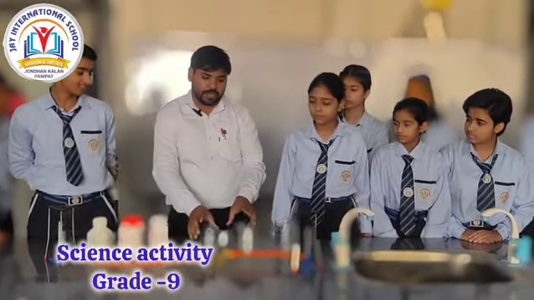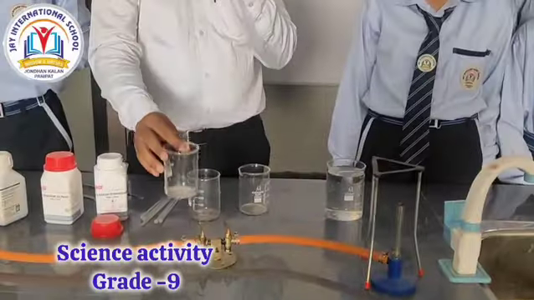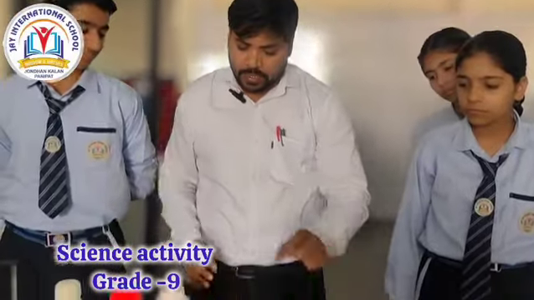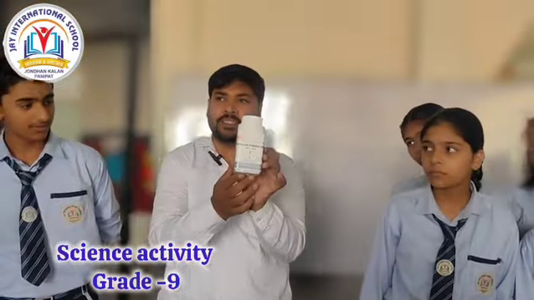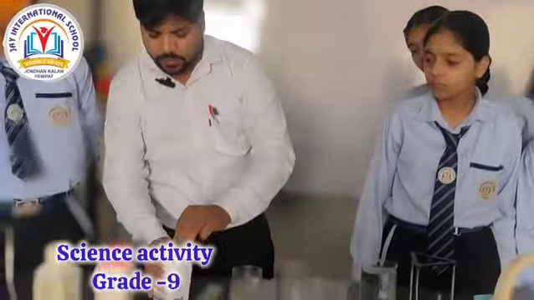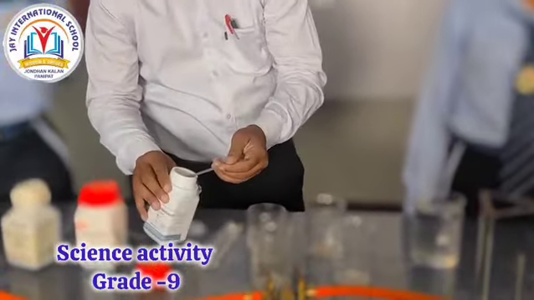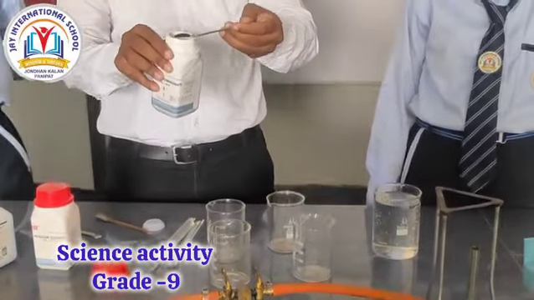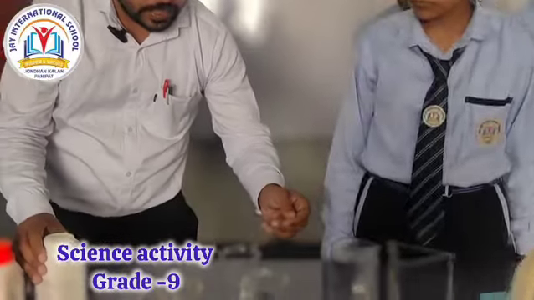Okay, so first of all, we take these 4 beakers of 200 milliliter. Now I use potassium permanganate. This is potassium permanganate. First, we take one spatula of potassium permanganate and insert it in this beaker.